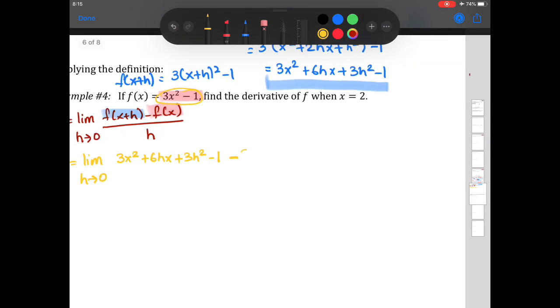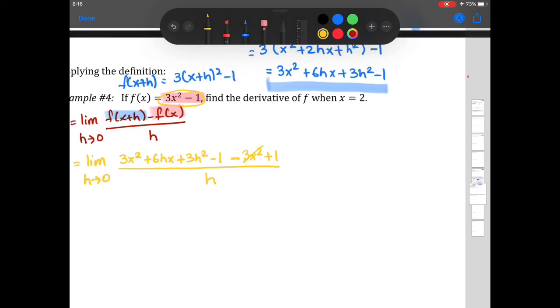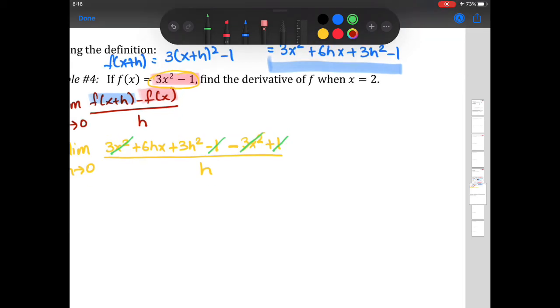So it'll be negative 3x squared plus 1, all over h. What happens here? Look, the non-h terms will all cancel out. So 3x squared cancels with 3x squared. The negative 1 and the positive 1 cancel out.